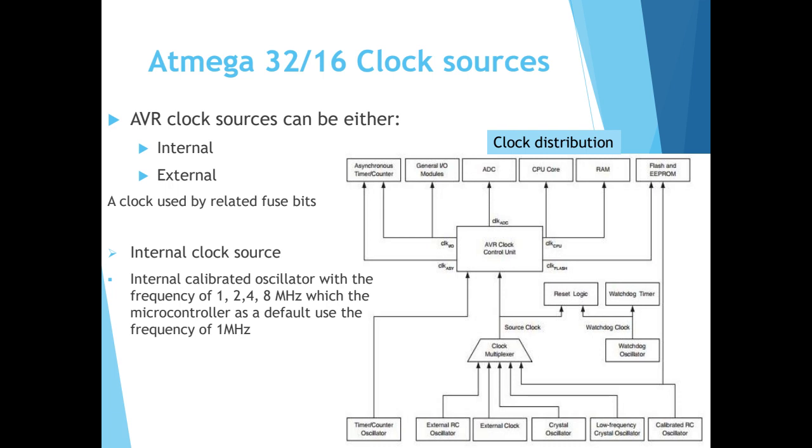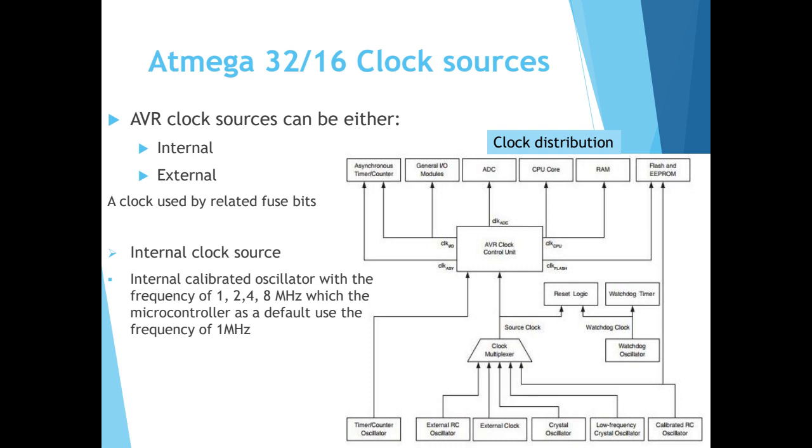as you see, we have a clock multiplexer, and these are different clocks. As I said, it is the internal calibrated clock. We said that we have an internal clock and different external clocks, the crystal clock, and the RC oscillator clock. I explained about it.